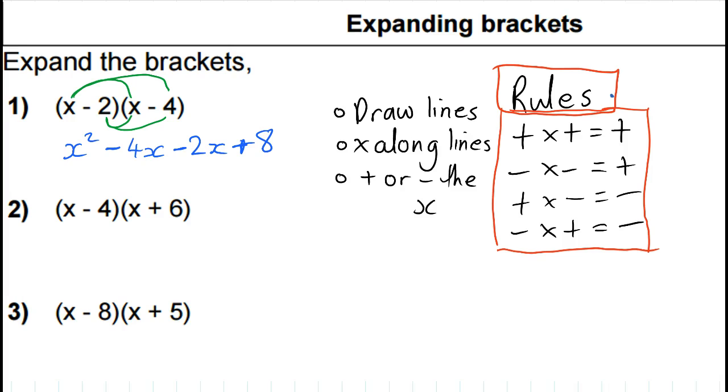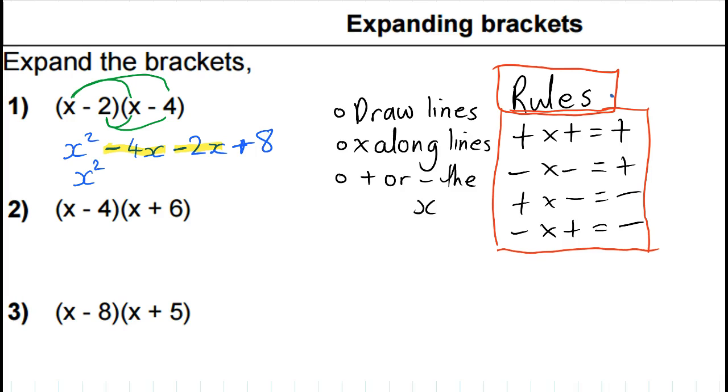My next step is to add and subtract the x's. So I go x squared, then I've got my minus 4x and my minus 2x, and they're my like terms.